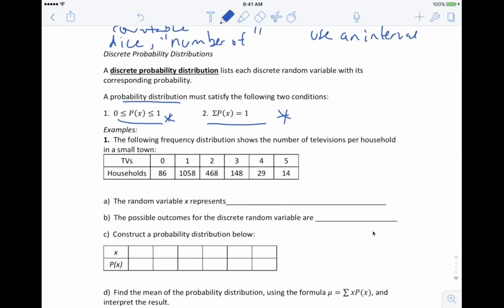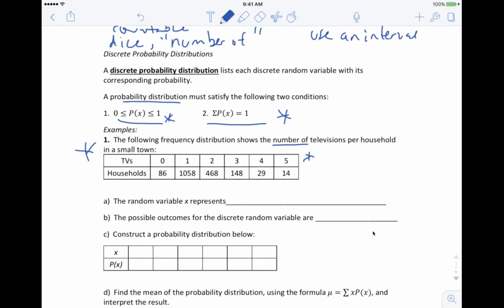Here in this example, the following frequency distribution shows the number of televisions per household in a small town, so it's discrete. Notice we can list all of the possible outcomes, right? Everybody in this study had one of those 6 outcomes, 0, 1, 2, 3, 4, 5. So it's a discrete random variable.